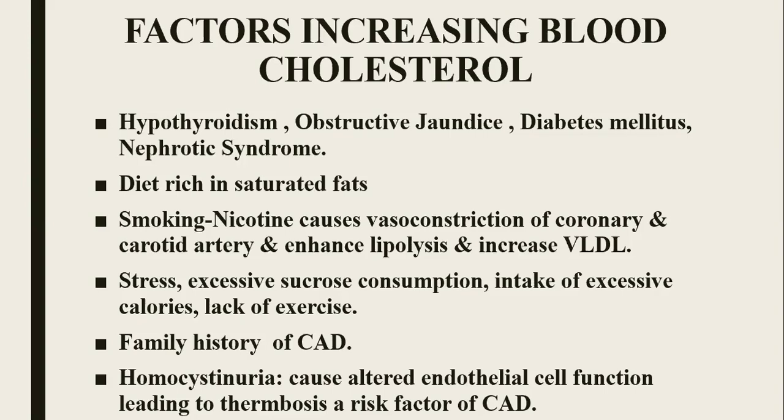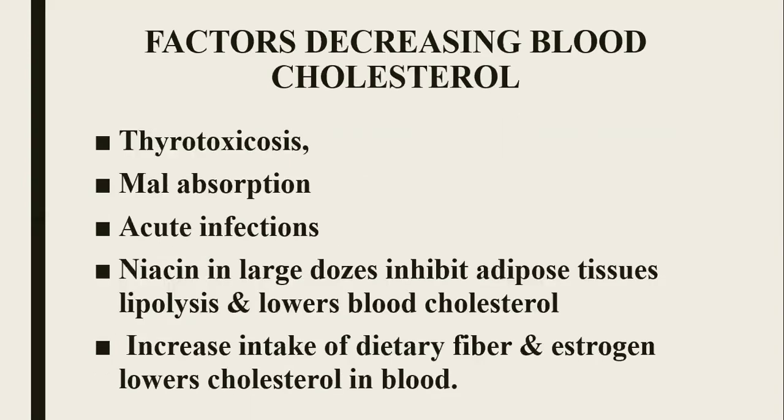Then family history of coronary artery disease. Homocystinuria causes altered endothelial cell function leading to thrombosis, which is a risk factor for coronary artery disease. Then factors that decrease blood cholesterol level: thyrotoxicosis, malabsorption, acute infection.